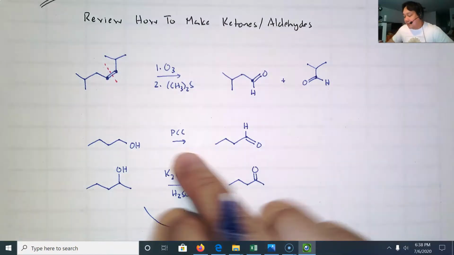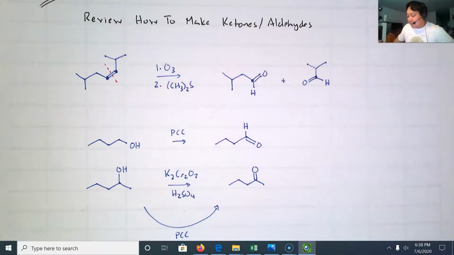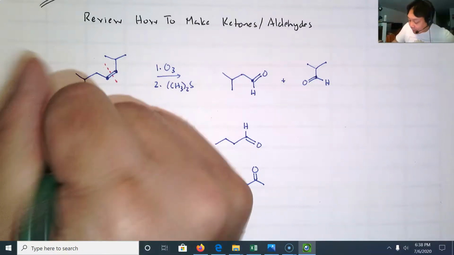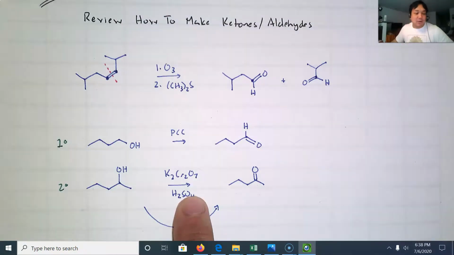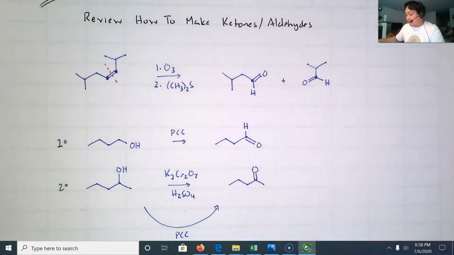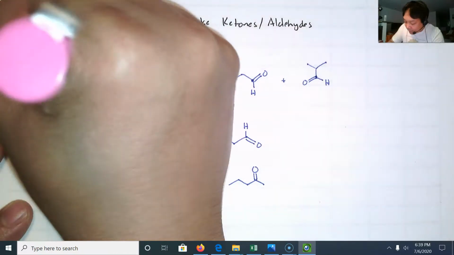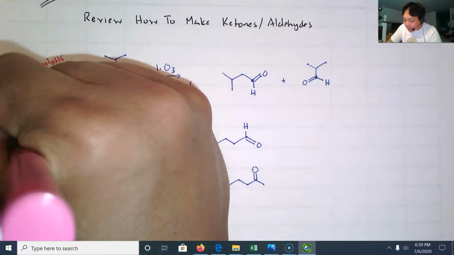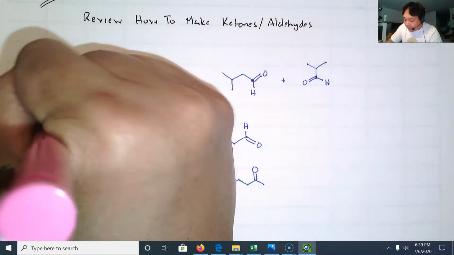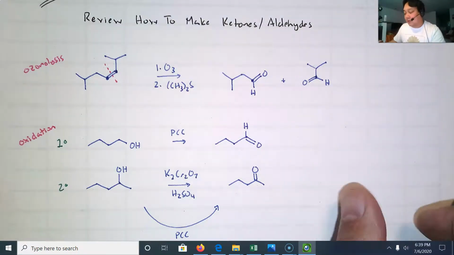PCC is special in the sense that if you have a primary alcohol, you won't get the carboxylic acid. But for secondary alcohols, you could get the ketone either way, Jones oxidation or PCC. All right, so that's two ways so far. We have ozonolysis from organic chemistry 1, and here we have oxidation of alcohols from Unit 1. For my class, this is organic chemistry 2.